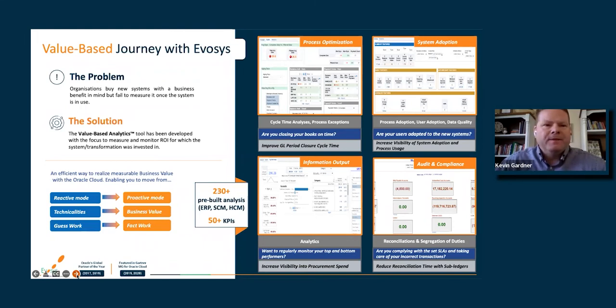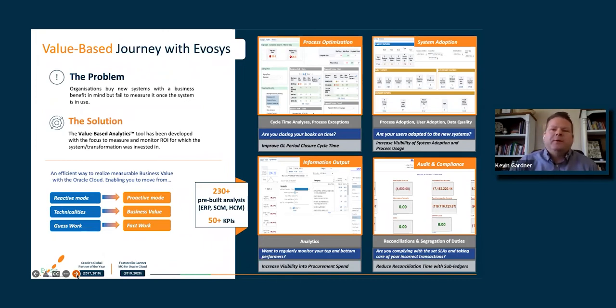And so this is an area where we've really helped customers realize this investment and bring some return on investment back to the organization. And you look at examples here: process automation, system adoption, which is really important because when you're investing in this technology, looking at system adoption and what type of value that brings back to the organization, you want to know if your users are leveraging the technology.